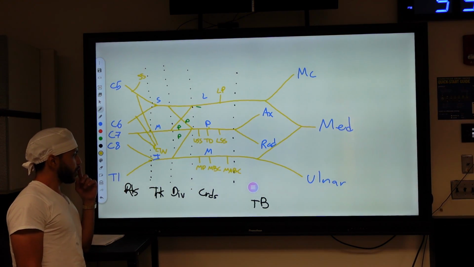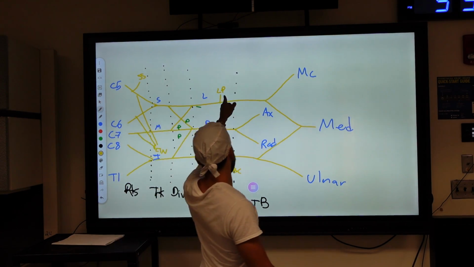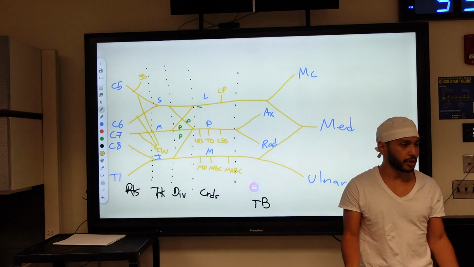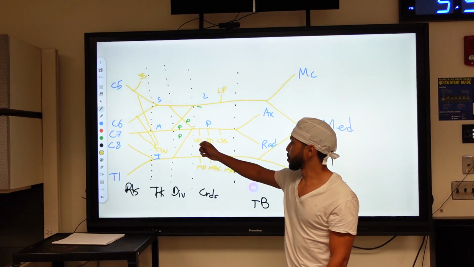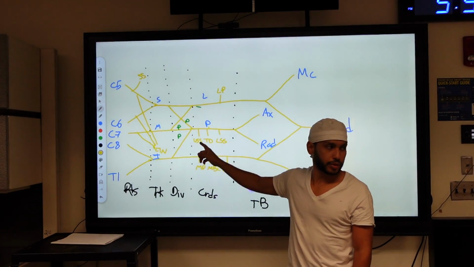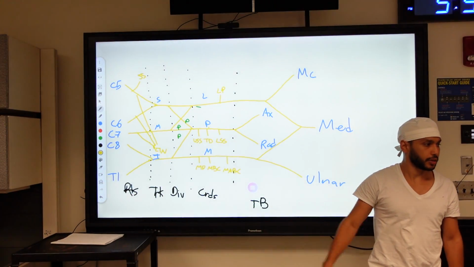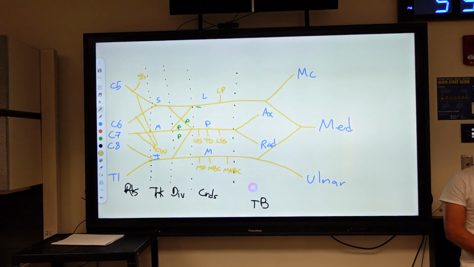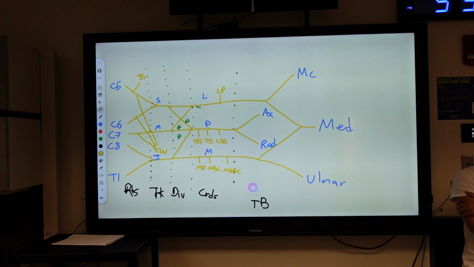So when it comes to these smaller ones, you guys know lateral pectoral and medial pectoral innervate the pectoralis major and minor, right? The upper subscapular, thoracodorsal, lower subscapular. What do these nerves do? Anybody have any idea? What do those nerves do? What does subscapular refer to? The muscle.